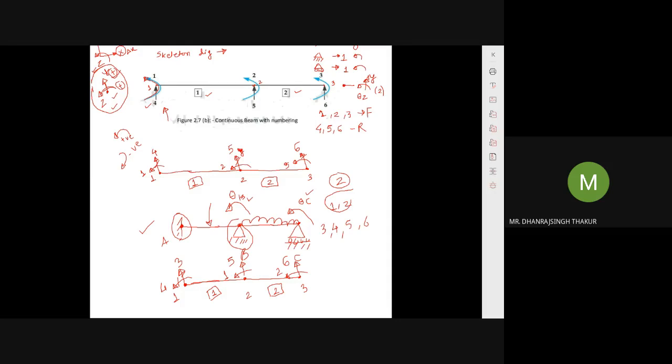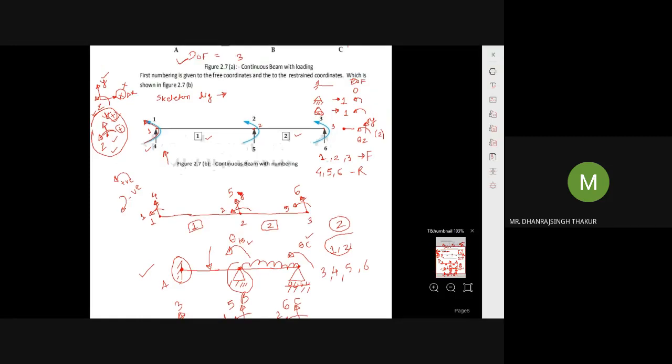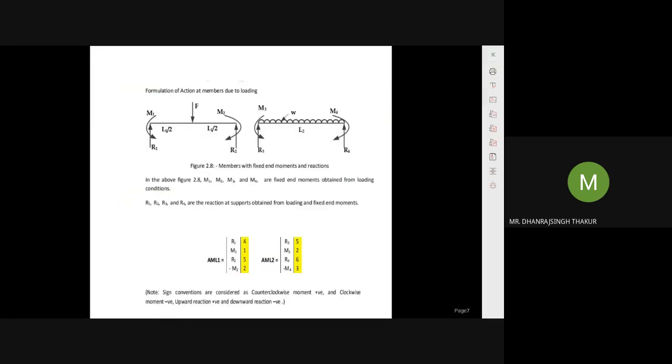Again we will see when we see the problem, and you will be able to understand how to find out the degree of freedom of your structure. So I have explained the freedom code and the restraint code, okay.